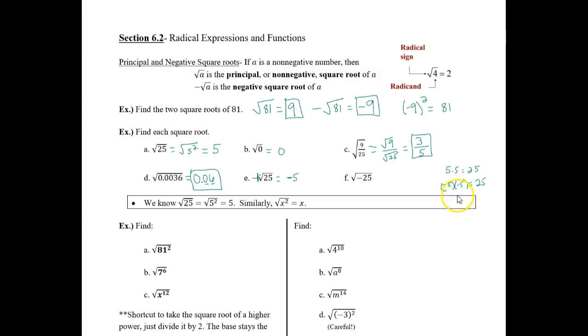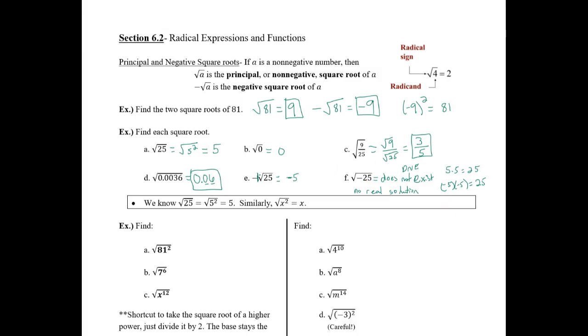So no real number would do that. A positive times a positive gives a positive. A negative times a negative gives a positive, not a negative. So for now, we could write does not exist, or there's no real solution. You might see some textbooks say DNE for does not exist. Some textbooks will say no real solution, meaning there are imaginary numbers that we'll talk about later that can simplify this, but there's no real number that will multiply times itself and give you a negative.